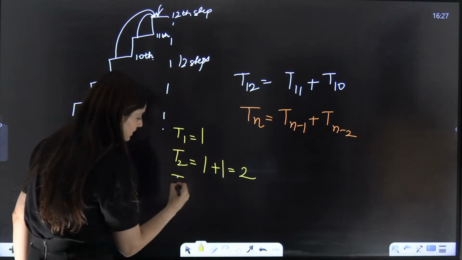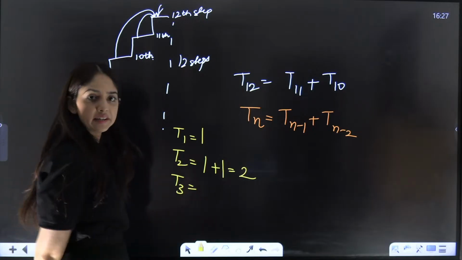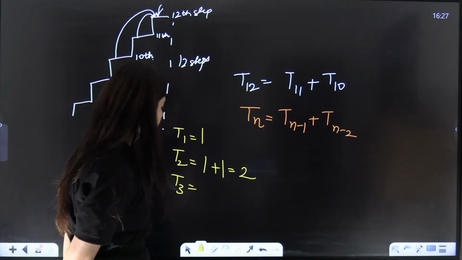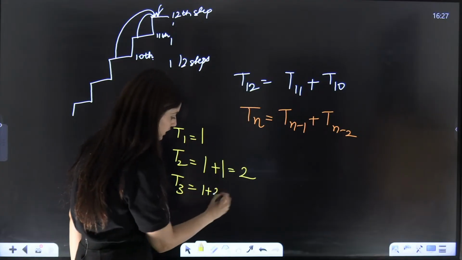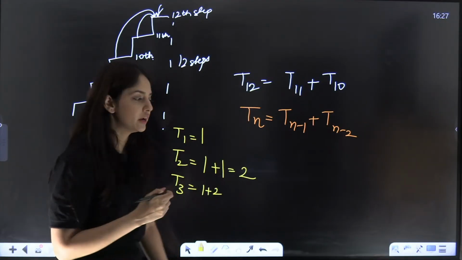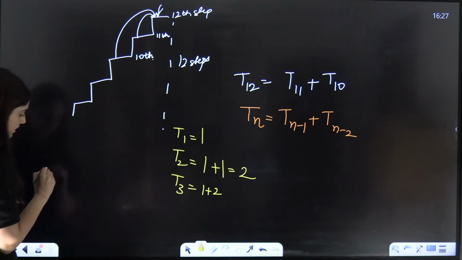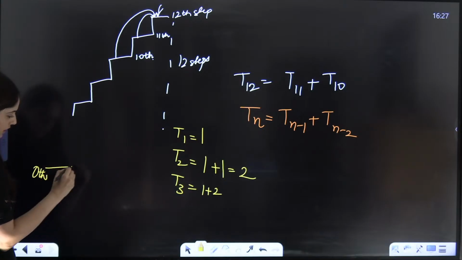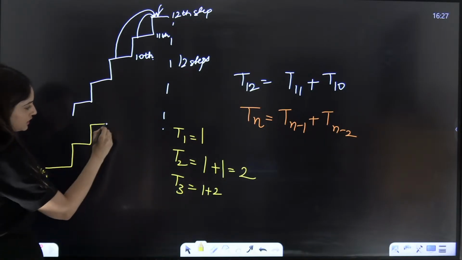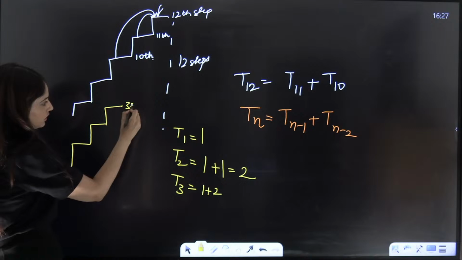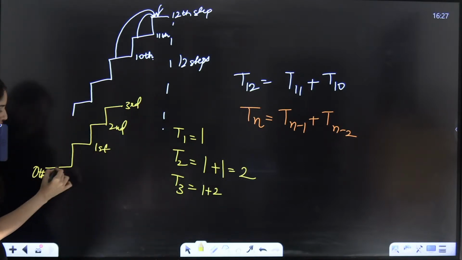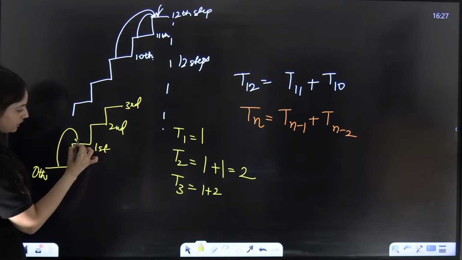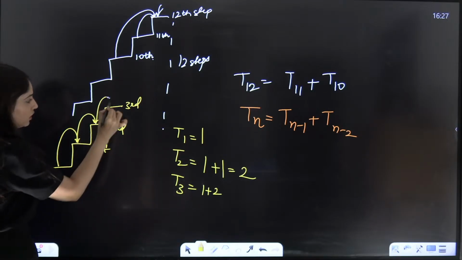Now that means for T3, how many ways are there? We are saying it has to be T1 plus T2. But let's confirm where we are getting this from. Let's say we were at 0th step, and then this is first, this is second, this is third. We can either go this way, one step at a time.